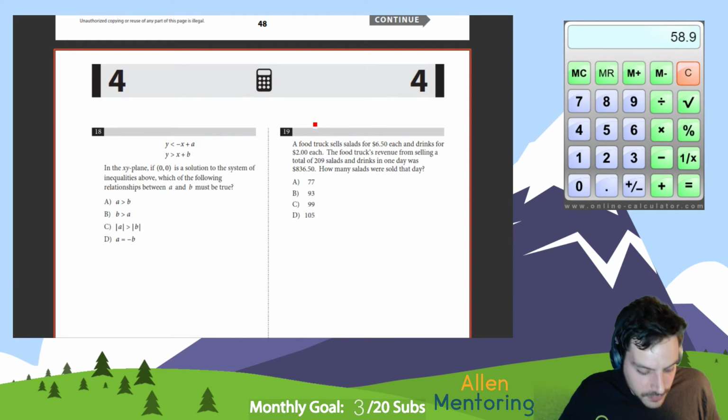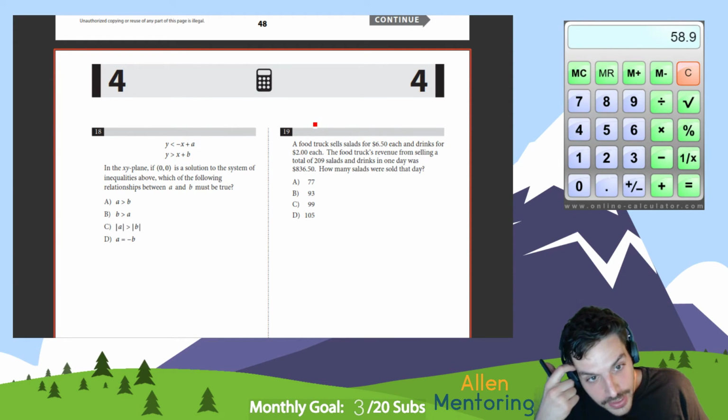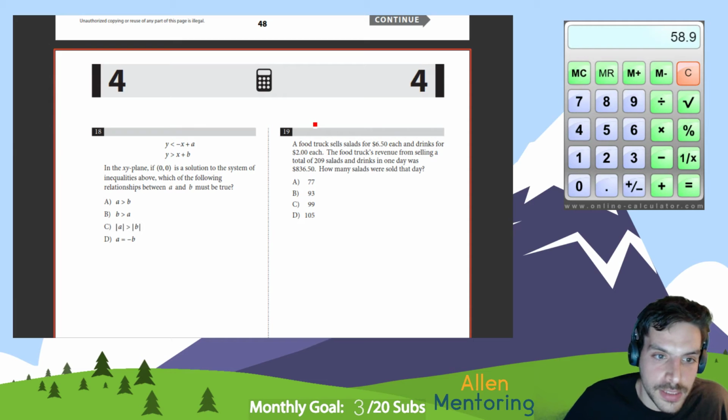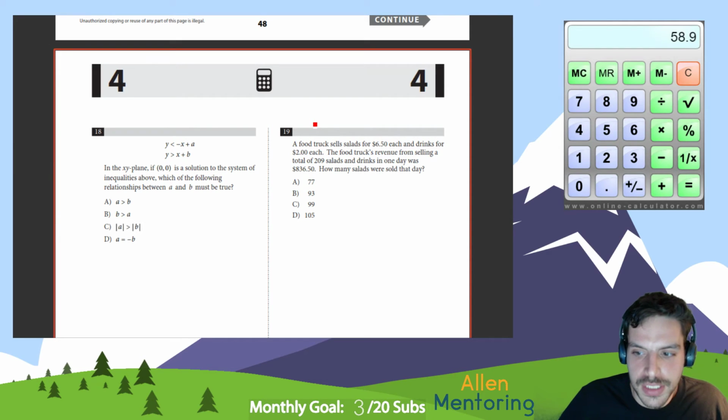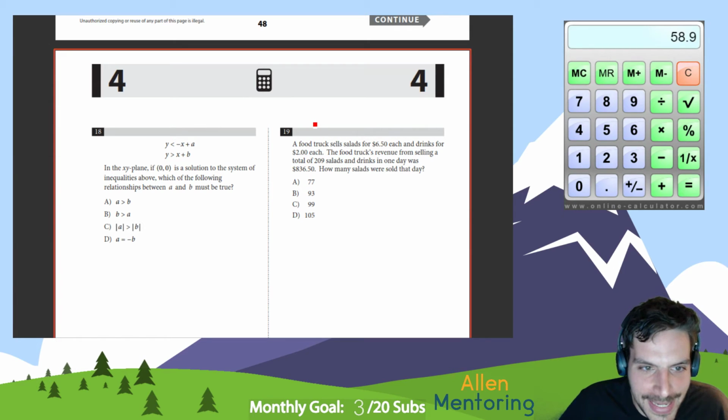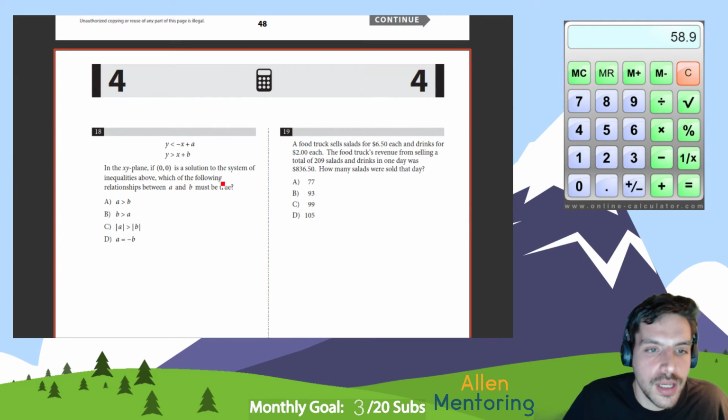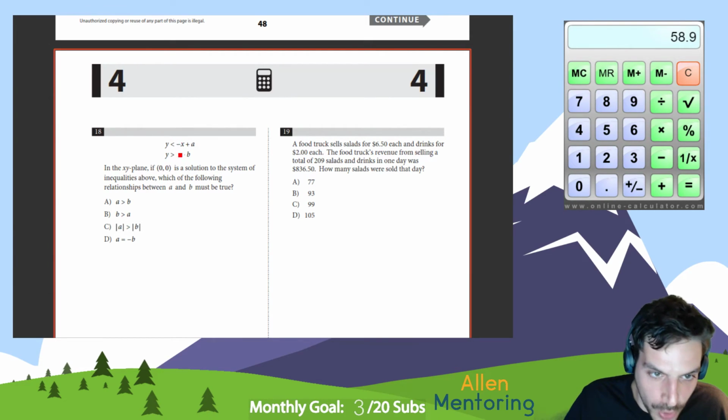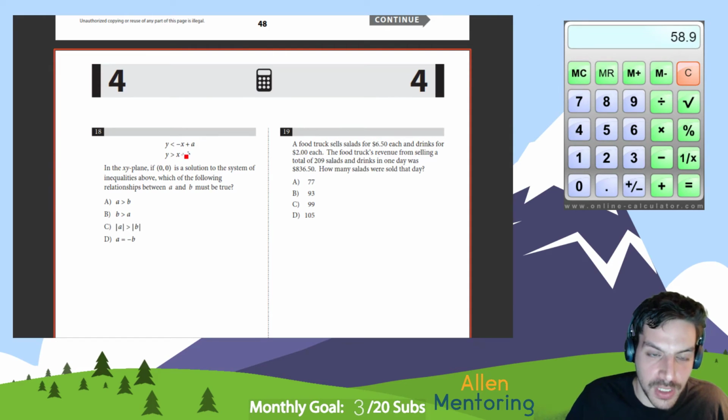18. In the xy plane, if (0, 0) is a solution to the system of inequalities above, which of the following relationships between a and b must be true? If (0, 0) is a solution to the inequalities, aha. So they're basically saying (0, 0) works for x and y in both inequalities.